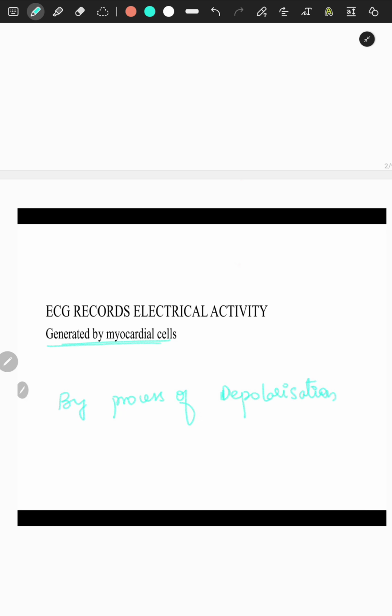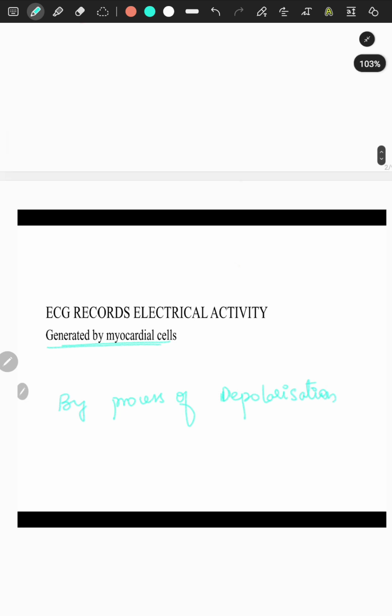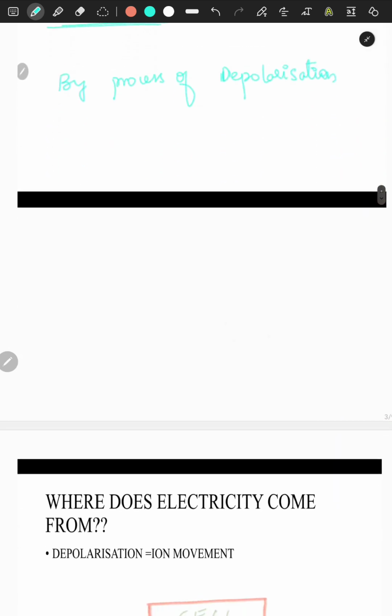This is by the process called depolarization. What is depolarization? Depolarization is basically movement of ions in and out of the cell. All the cells in our body are negatively charged inside and positively charged outside.